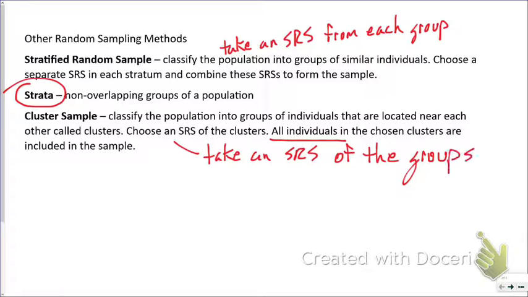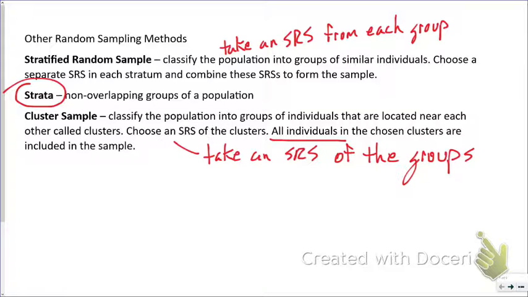So these two little phrases may sound the same, but they're different. I'm taking an SRS from each group. So maybe, I don't know, I have 10 groups, and so I take a sample of 5 students from each group. That's stratified. Cluster sampling, I number the groups. I take a certain number of groups.